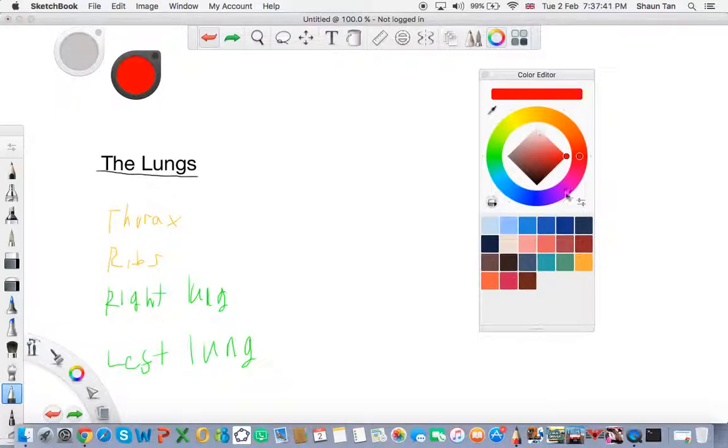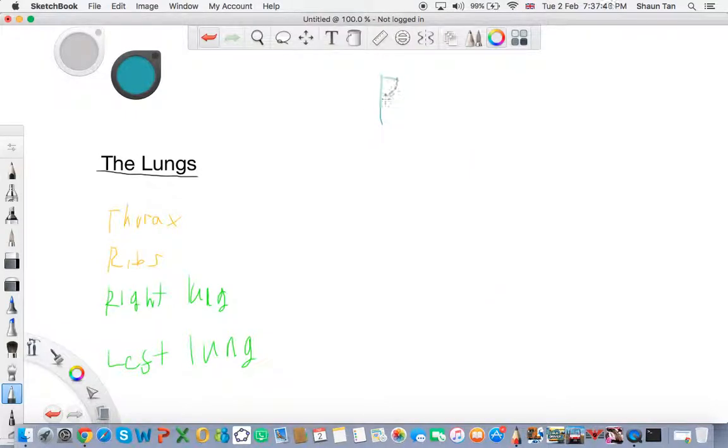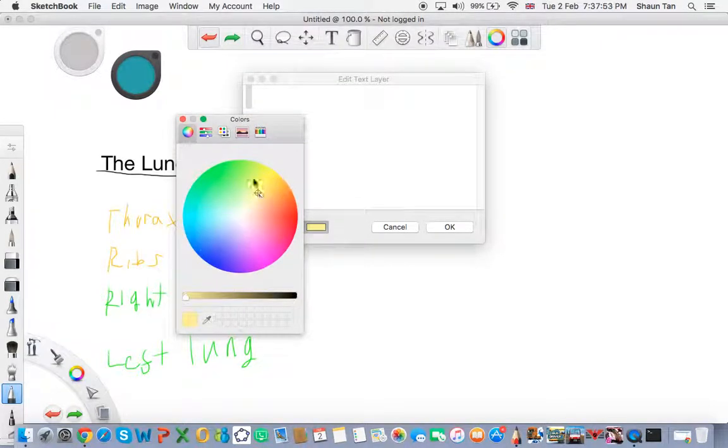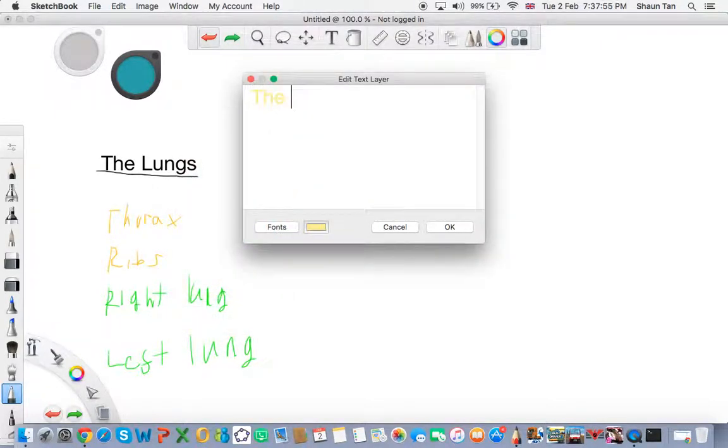I will write that in big letters because it's an important part. The right lung is bigger than the left because it shares a space with the heart.